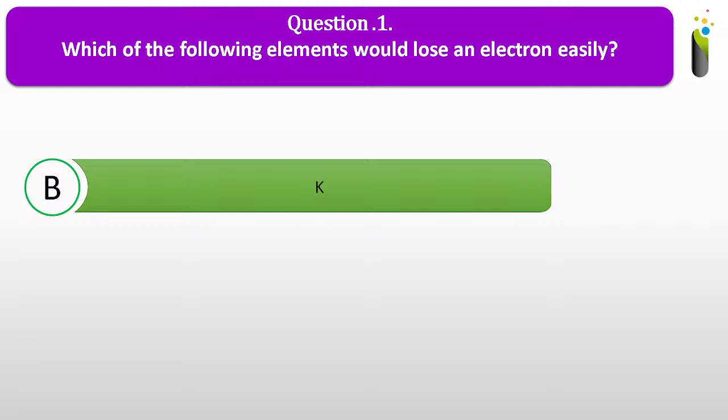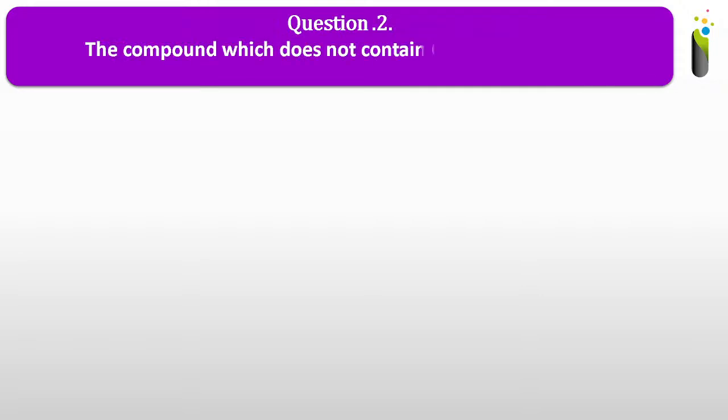So the correct answer for question number one, the element which would lose an electron easily, is potassium. Coming to the next question, number two, the compound which does not contain covalent bond is dash.